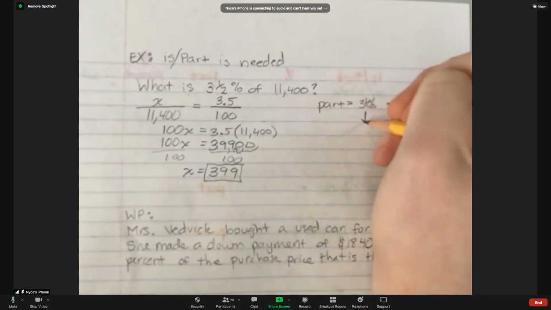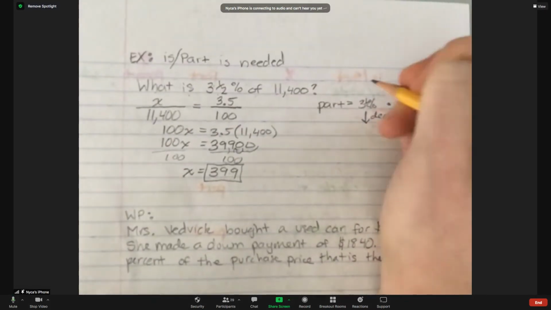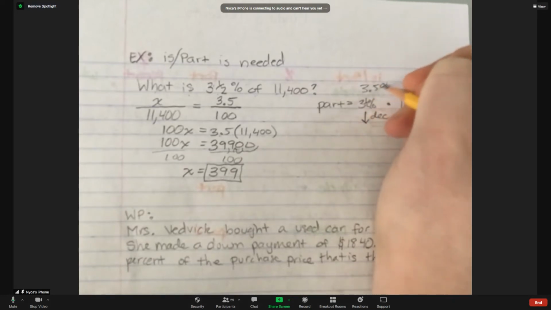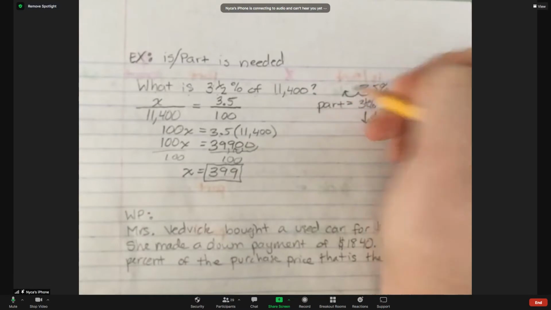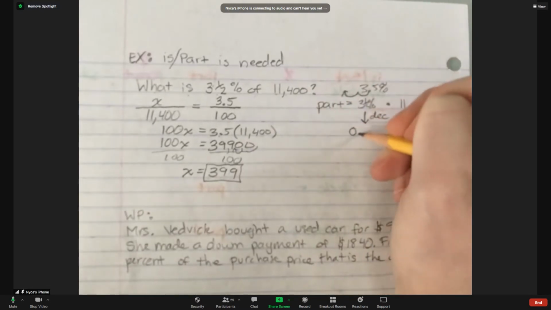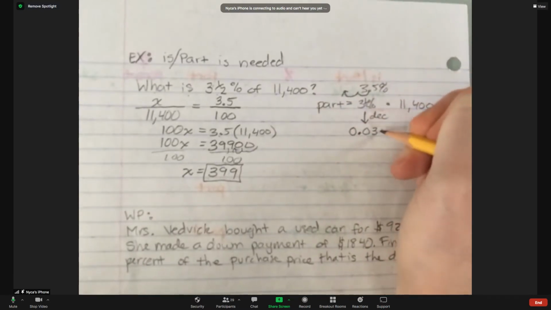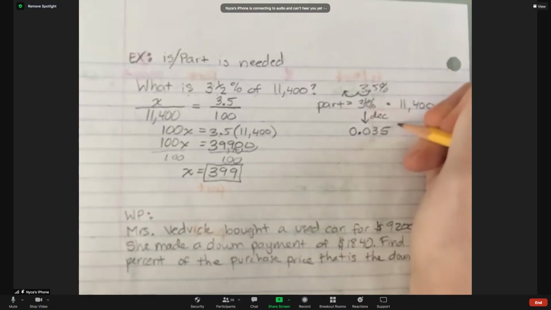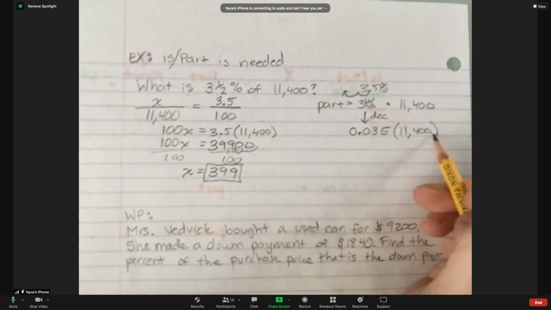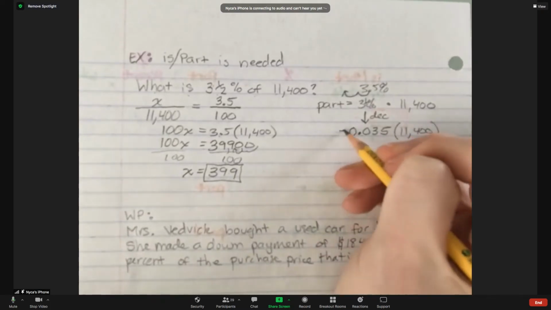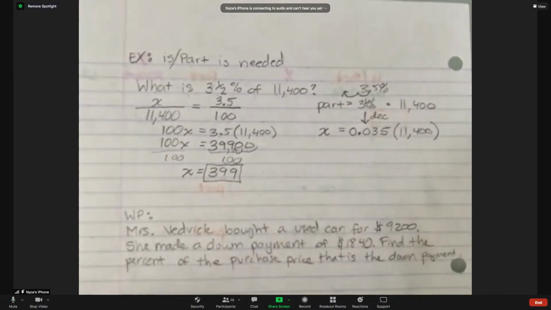So to convert this to a decimal, if you have 3.5%, you must divide by 100. So 1, 2. That means when you plug it in, you actually need to write it like that. So 0.035 times 11,400 equals your part, which is your x.